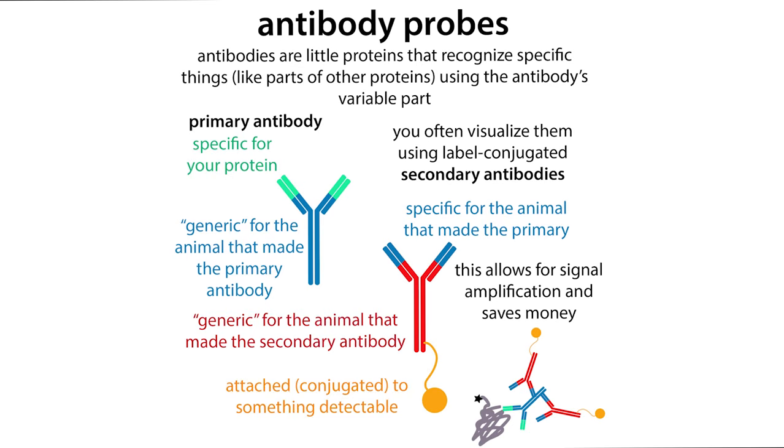It might be a fluorescent molecule, or an enzyme like HRP that you give a substrate to, which then makes a signal you can see. The secondary antibody binds the primary antibody, which lets us detect whether the antibody was bound to the protein, and so whether the protein was there.